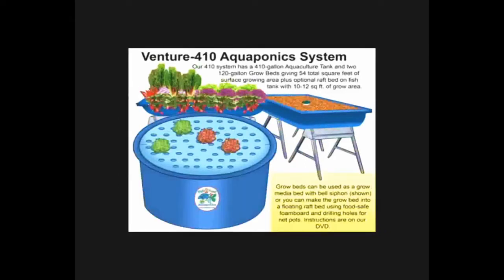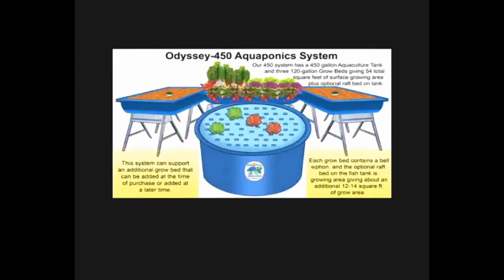Our Venture 410 aquaponics system has a 410-gallon aquaculture tank and 2 grow beds. Our Odyssey 450 aquaponics system has a 450-gallon aquaculture tank with 3 grow beds.